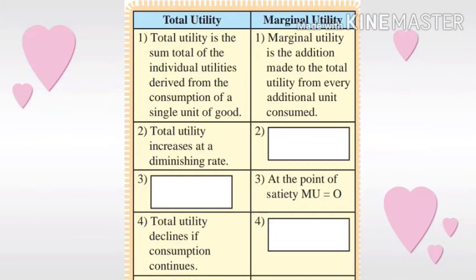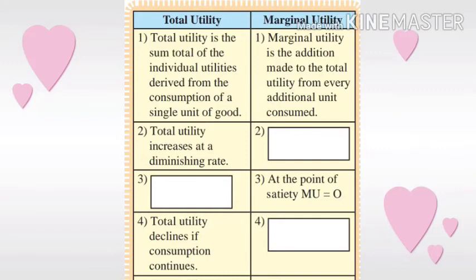Total utility is the sum total of the individual utilities derived from the consumption of a single unit of good, whereas marginal utility is the addition made to the total utility from every additional unit consumed.